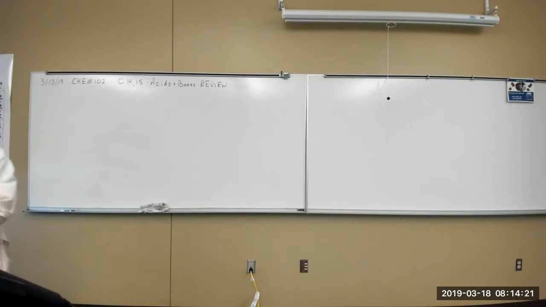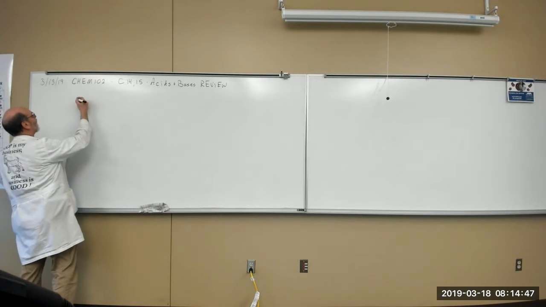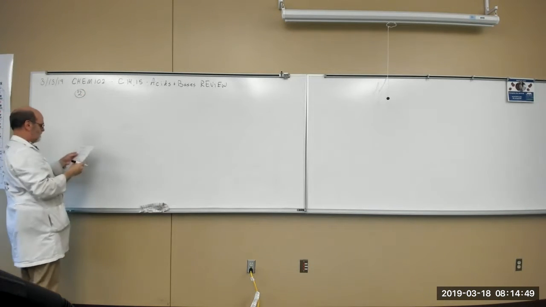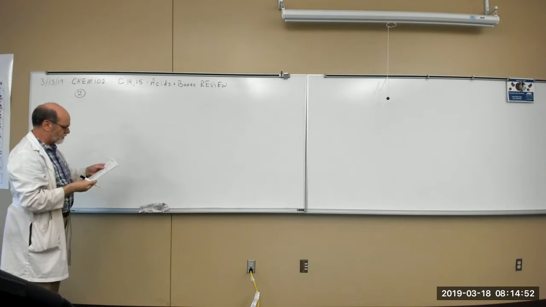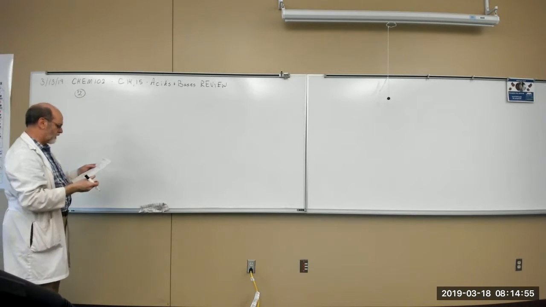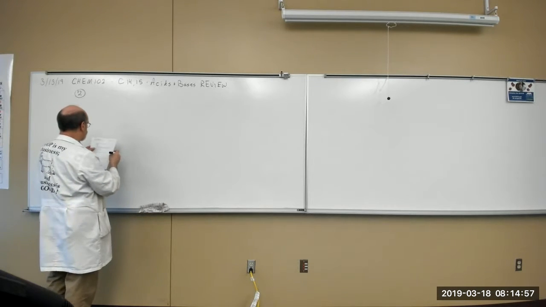Okay, so that was one, and that was a good one because it gave us the definition of acid-base pair. Okay, number two is sort of an extension of that. Let's see if we learned anything from one. Hydrogen sulfate, or bisulfate is the trivial name, is HSO4 minus.